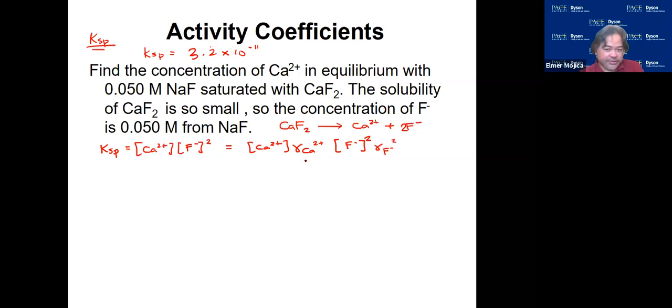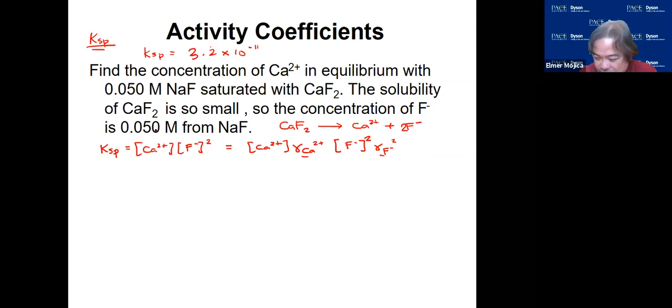So the thing is, I went back there earlier. You need to determine this value. If you look at the concentration, 0.05 molar NaF saturated with Ca2+, the solubility of Ca2+ is so small that the concentration of F- is 0.05.